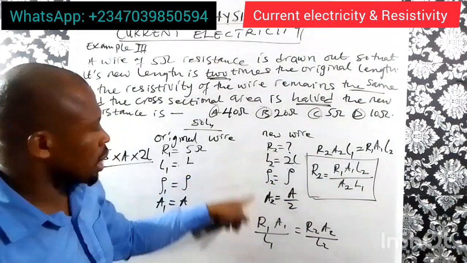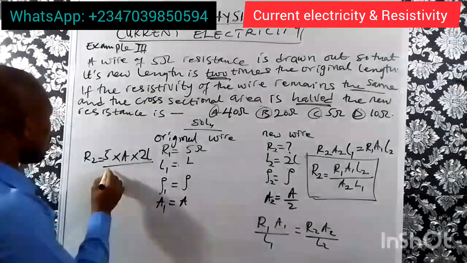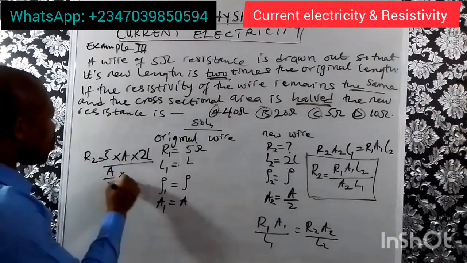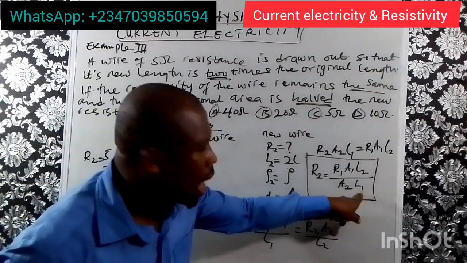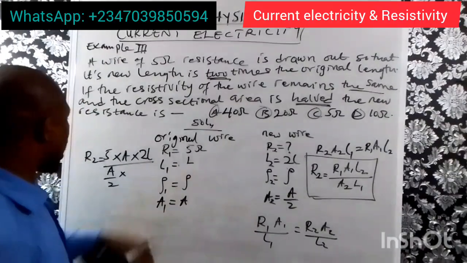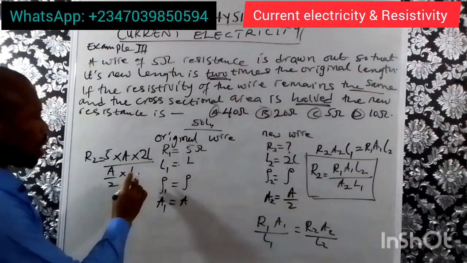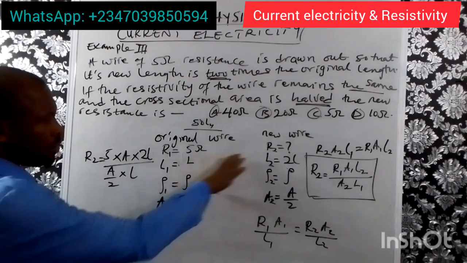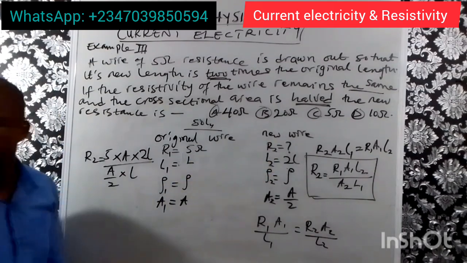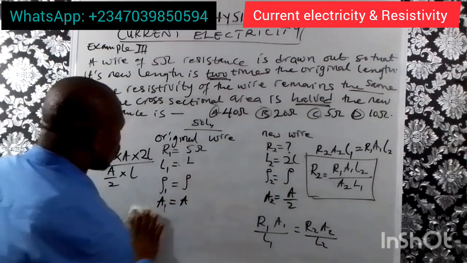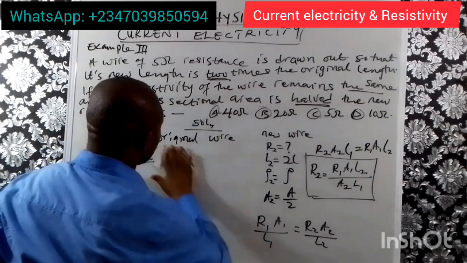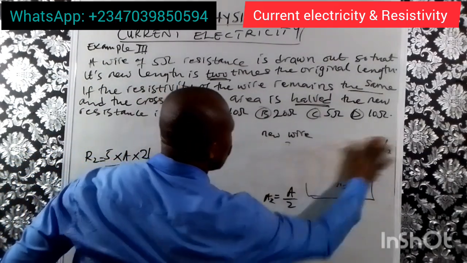A2 is A over 2, multiplied by L1. L1 is L from here. So I can now clean this, because I have substituted all these values so that we can have enough space to write.